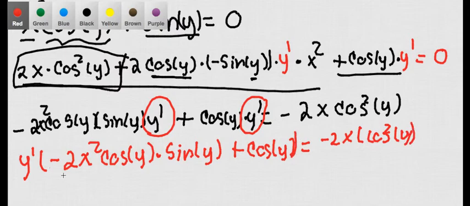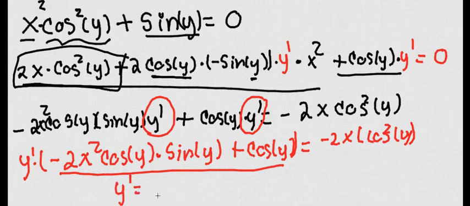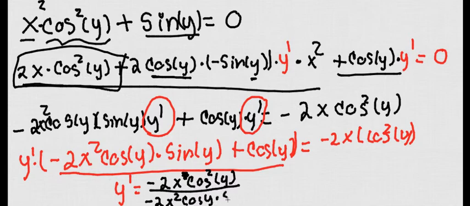Finally, we're going to divide all this to this one, because look, it's y prime times this. My final answer is going to be y prime equals negative 2x times cosine squared of y over all this, negative 2x squared cosine of y times sine of y plus cosine of y.